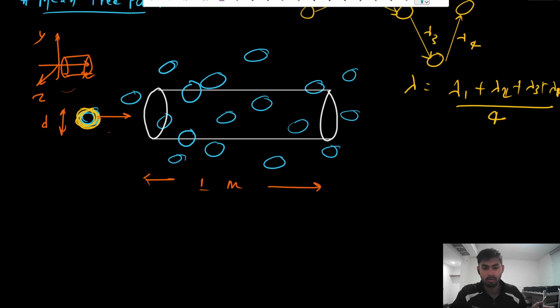When this molecule enters the cylinder, we know that it is going to bump into molecule 1, molecule 2, molecule 3, and molecule 4. We know that it's not going to bump into molecule 5, based on the dimensions and the full picture we have drawn here. But we have no idea if it's going to collide with molecules 6 and 7.